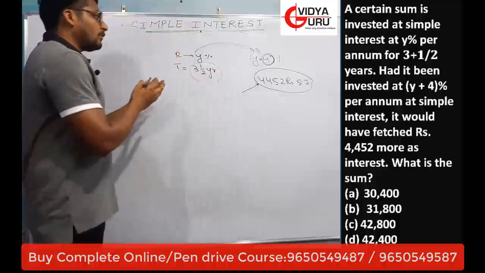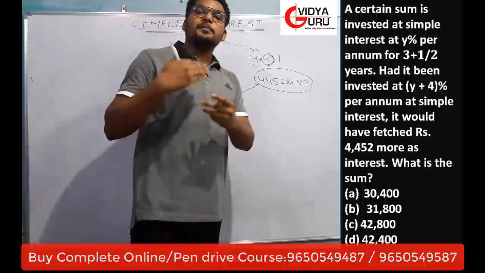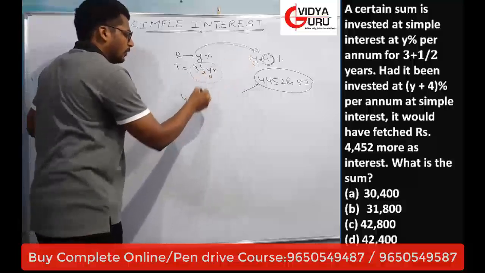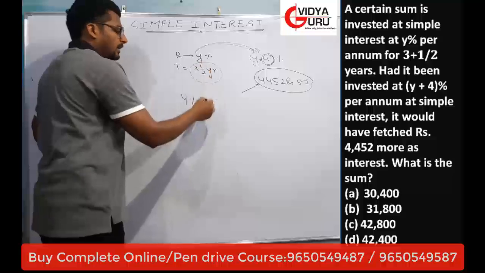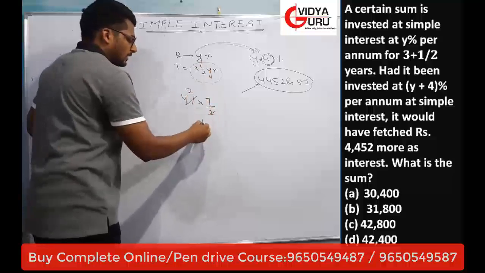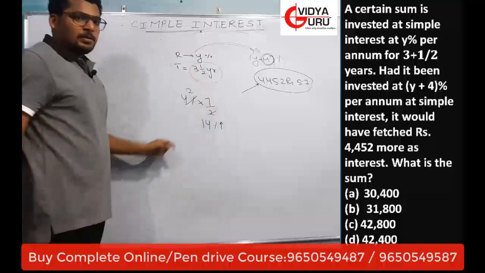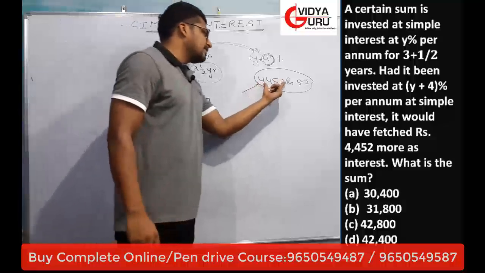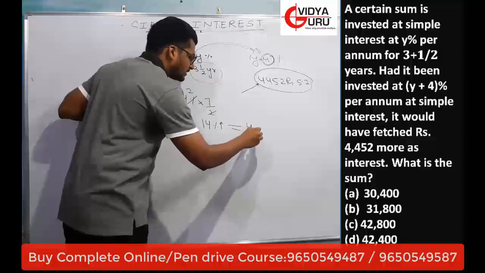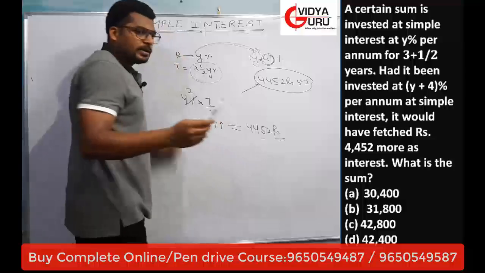If I find out in percentage how much SI is increased, per year it is increased by 4%, and for 3 whole 1 by 2 years, which is nothing but 7 by 2, 2 2s are 4, in percentage SI is increased by 14%. But its numerical value is given as 4452. That means the value of 14% is 4452 rupees.